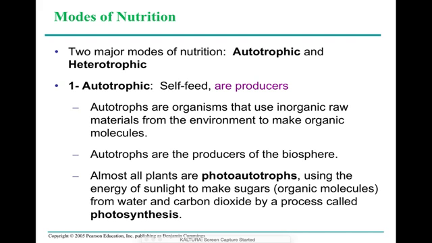Based on how living organisms make or obtain their food or nutrition, they are of two types: autotrophic organisms and heterotrophic organisms. What is auto? Auto means self. Hetero means not self. Autotrophs are the ones which make their own food. Photoautotrophs depend on light energy for making their food, which is everything that they need.